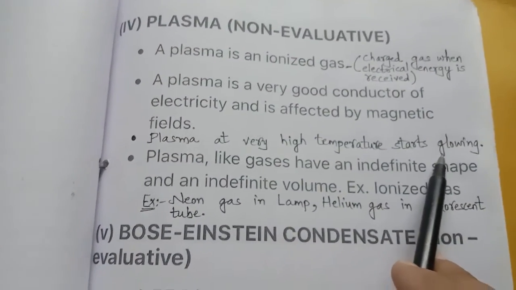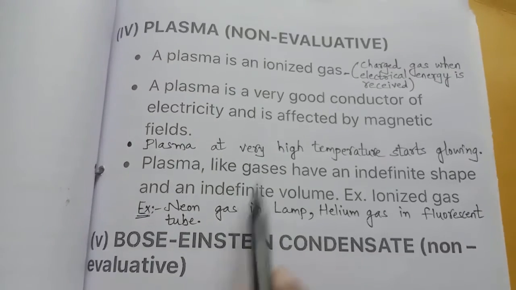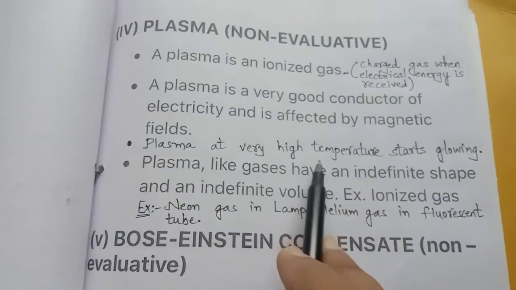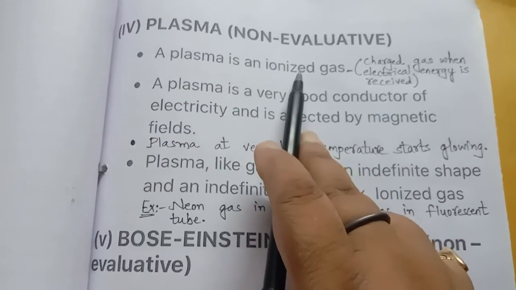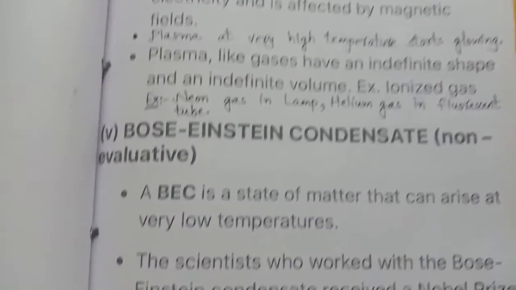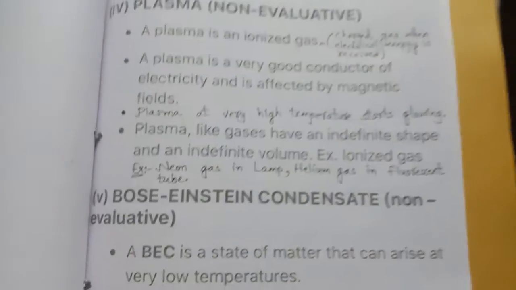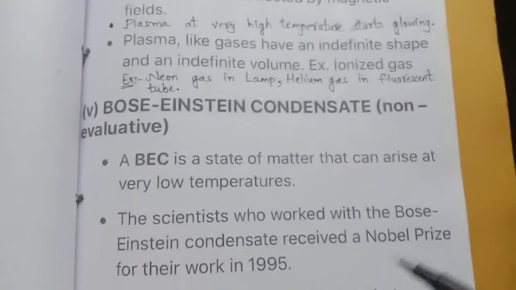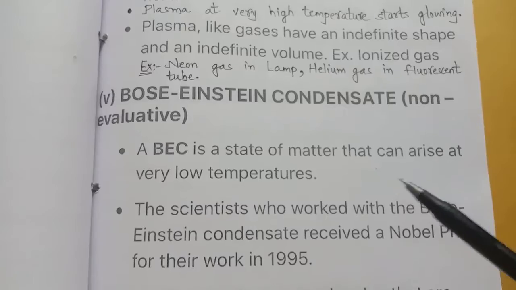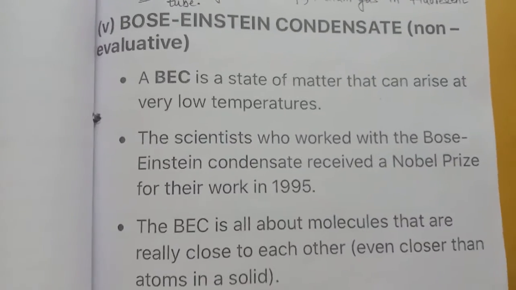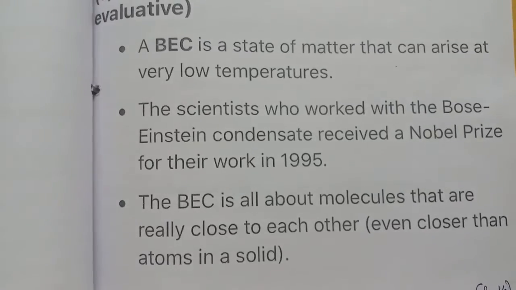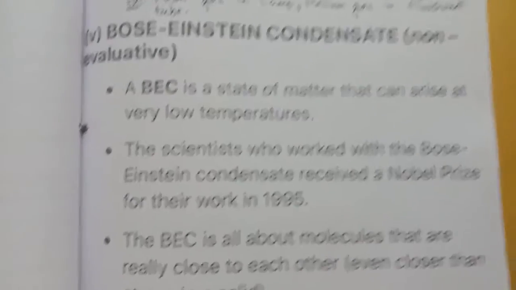That state of gas at high electric conductance is ionized gas, which is termed plasma. So, plasma and Bose-Einstein condensate are considered two more states of matter besides our basic states of matter, that is solid, liquid and gases.